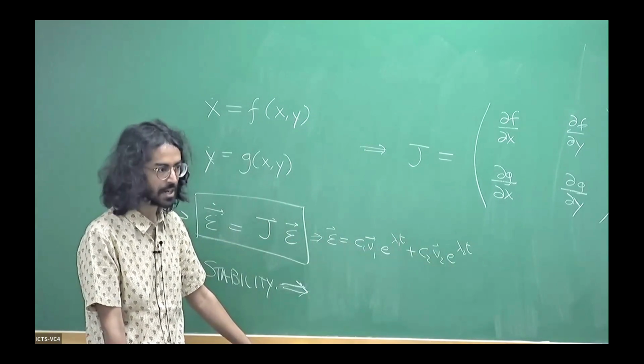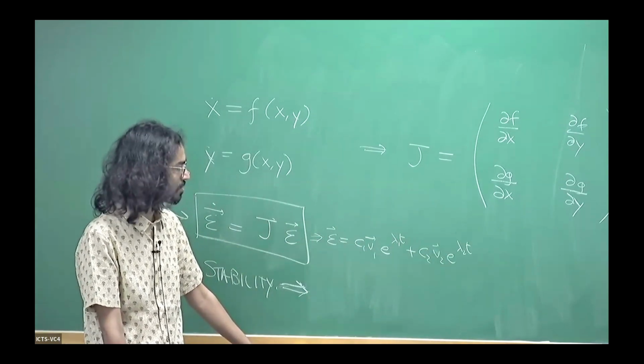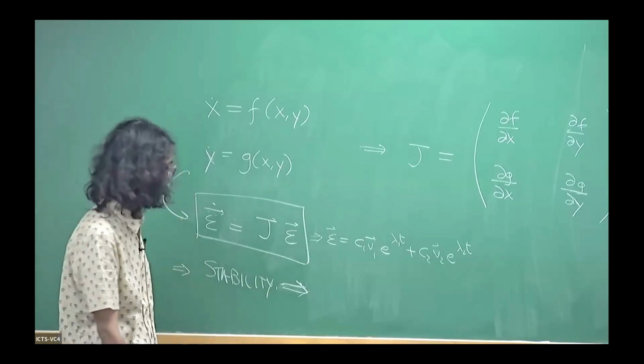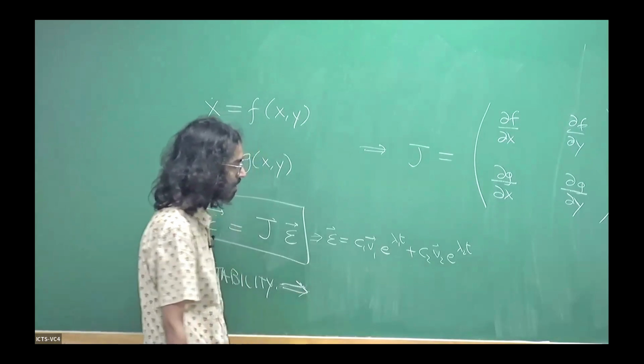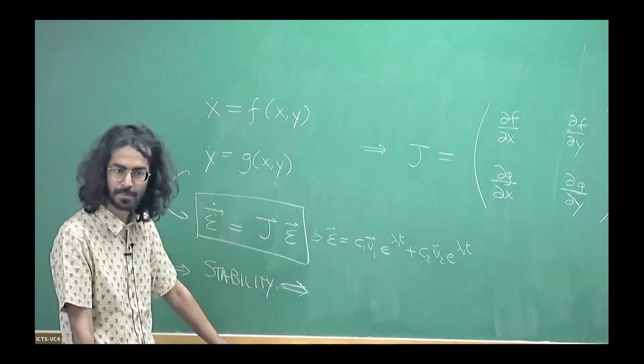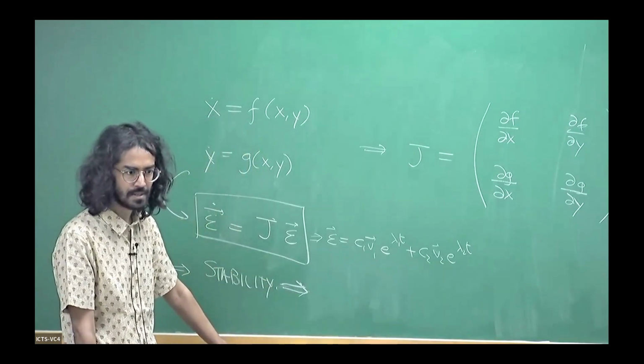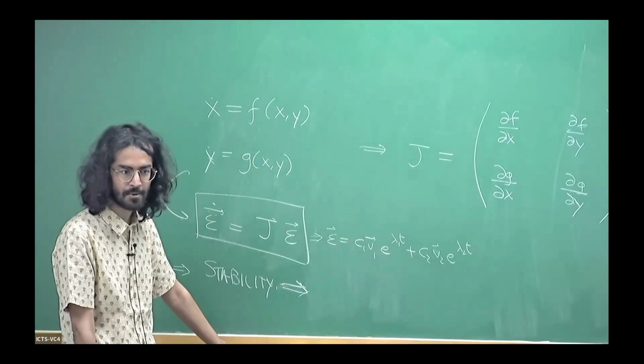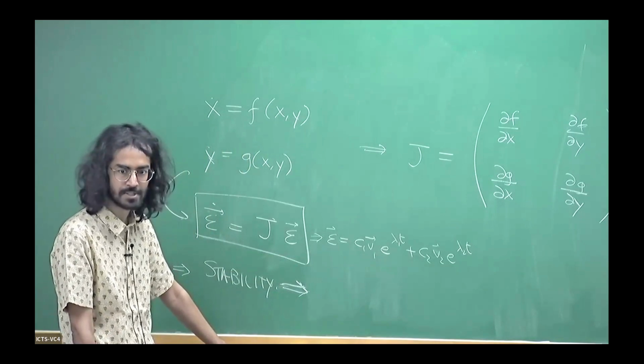It'll diverge, right? So should we care about it being larger than 1 or some other number? 0, right? And does this lambda have to be a real number? It can be a complex number, right? So anything specific about something being less than 0 or greater than 0?